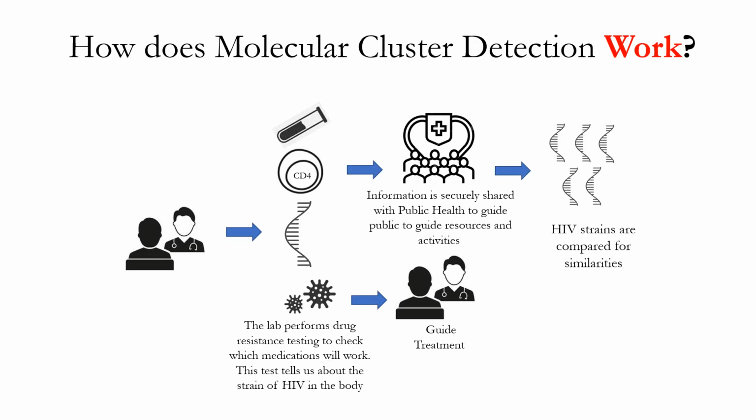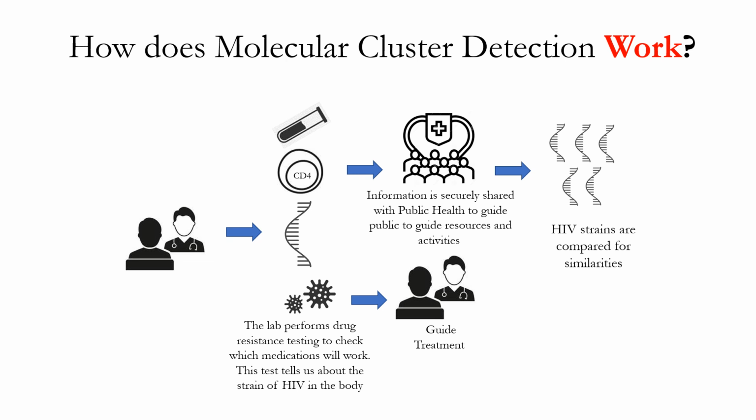Let's start with how we get data for HIV cluster detection. When someone is diagnosed with HIV, their doctor requests a variety of tests, including drug resistance testing to check which medications will work best. These tests go to the lab, and through drug resistance testing, we obtain details about the specific strain of HIV.